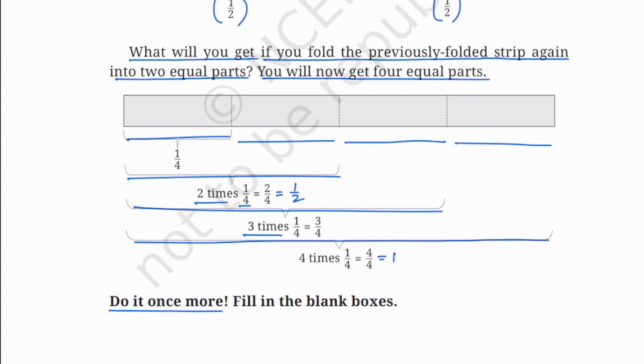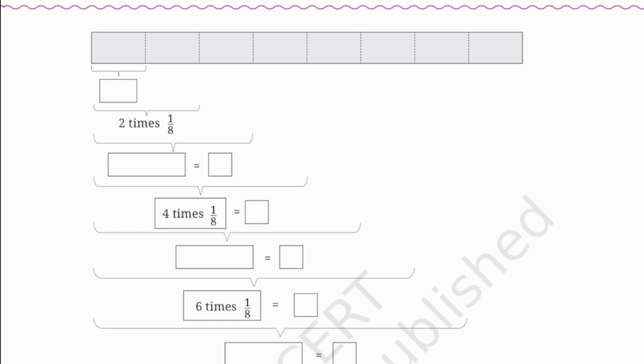Do it once more. Fill in the blank boxes. You can see 1 unit length paper strip has been split into 8 equal parts. 1, 2, 3, 4, 5, 6, 7, 8.